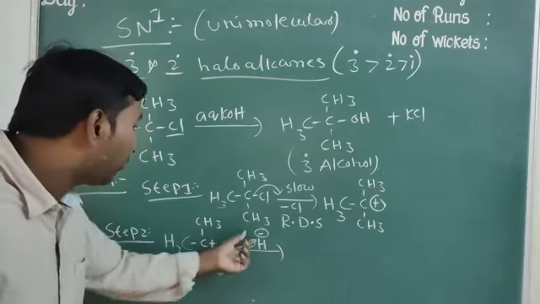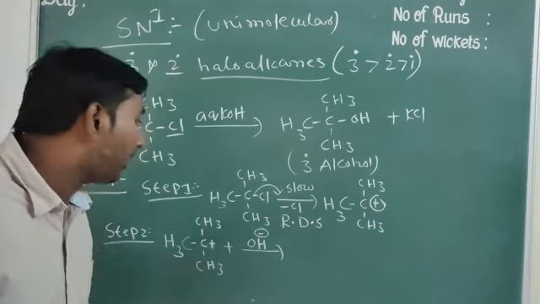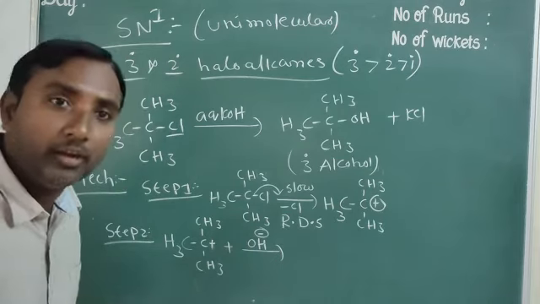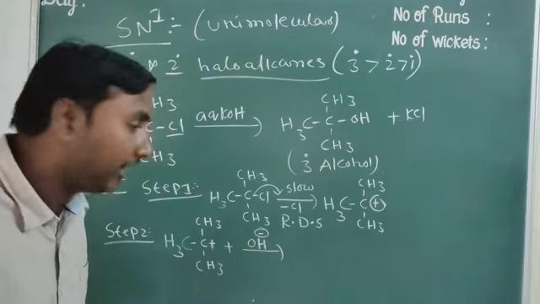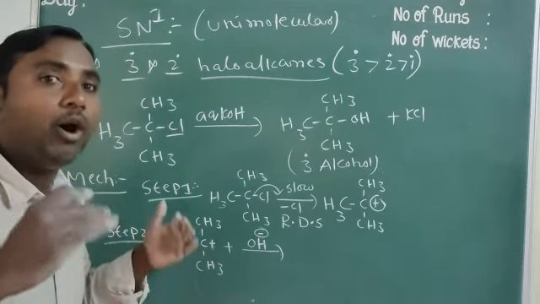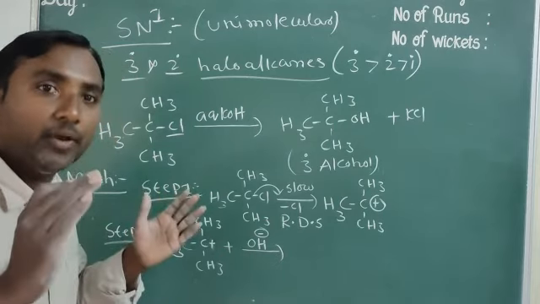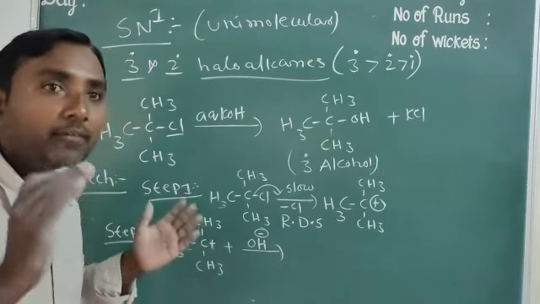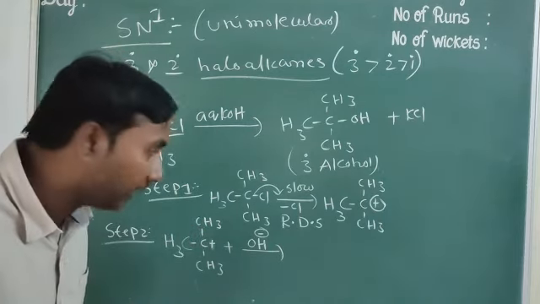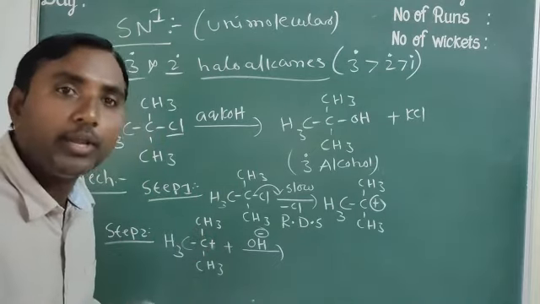So OH minus attacks the carbocation, and there are two possibilities, two directions. Whether right side or left side, we can't tell which direction OH minus attacks. That's why we take the SN1 product as 50% product, based on the OH minus attack on the carbocation.